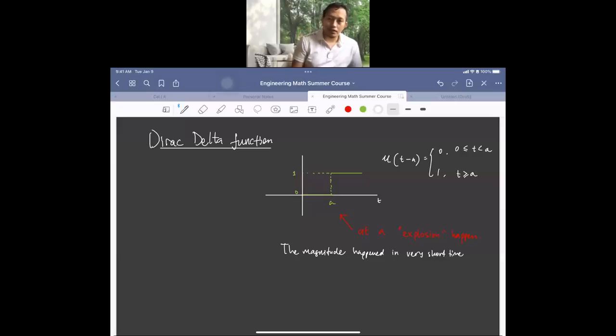In a mechanical system, we call this an impulse.